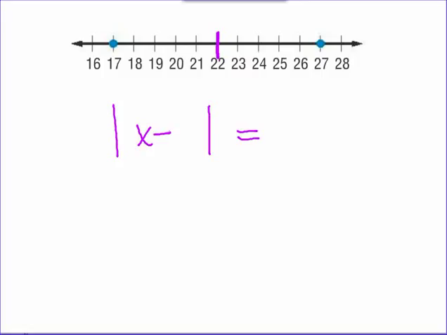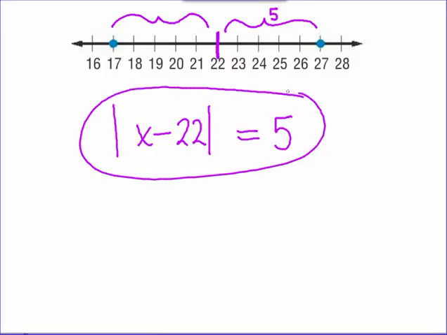X minus the middle, 22. So x minus the middle. That's what you've always got to remember. Now that's going to equal either this distance here or this distance here. It doesn't matter because they're both the same. And what is that distance? 5. Good. So that's going to equal 5. And that is your answer.